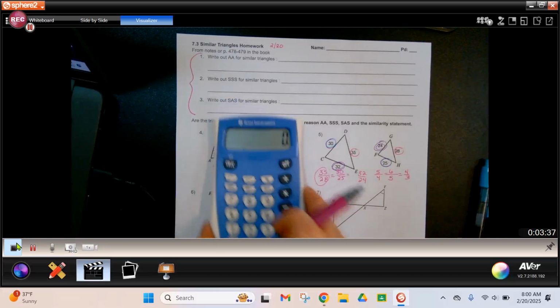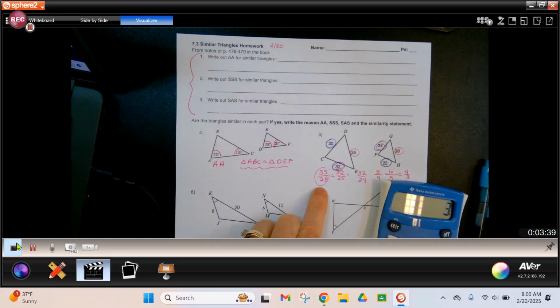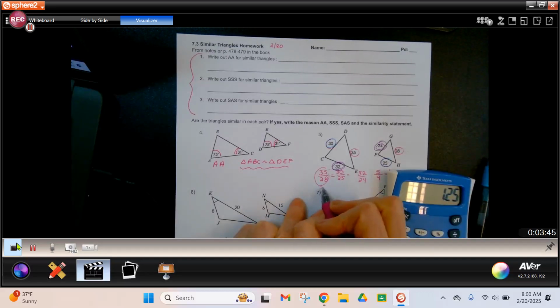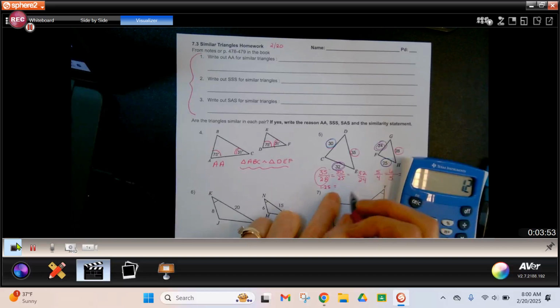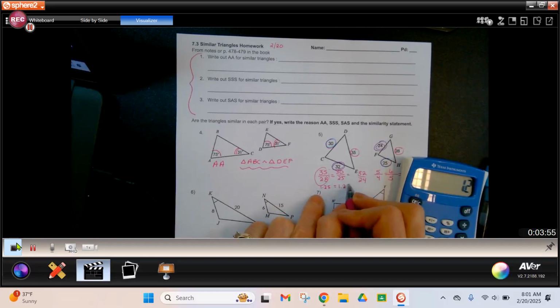Another way you can do it is I could take 35 and divide it by 28, and I get a decimal of 1.25. And I can see if that is equal to 30 divided by 25, and that is 1.2, and these are not equal, right? They're not equal.